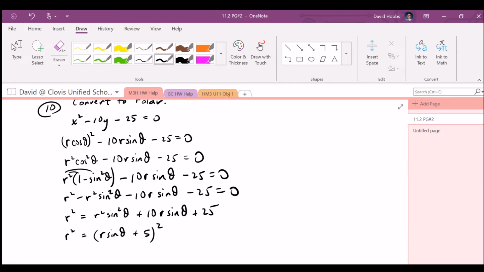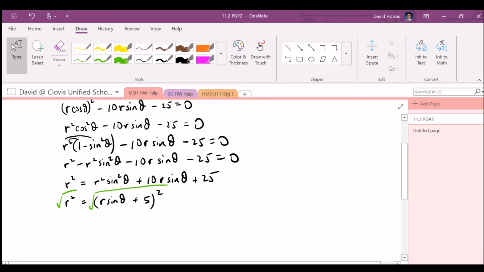Okay, now, when we're in polar, sometimes we do some kind of outrageous things that we would not do when we're in rectangular. And this is one of those things that we generally probably would not do in rectangular. But what we can do right now is go ahead and take the square root of both sides here. And now these are variables.